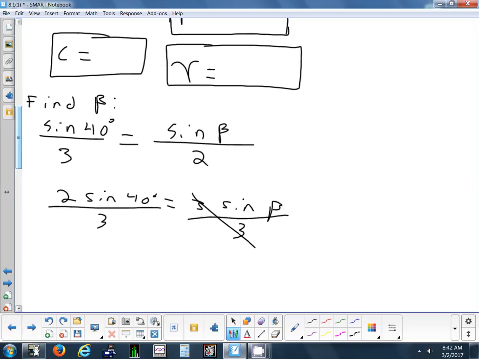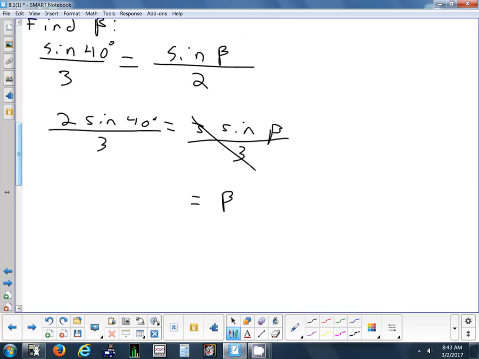And now, just to save myself having to rewrite it twice, how would you get sine on the other side? Yep, the inverse sine. So, get the inverse sine of 2 sine 40 over 3. Don't try to cancel anything out. You just type it all in exactly the way you see it.